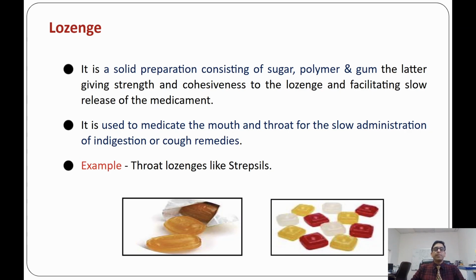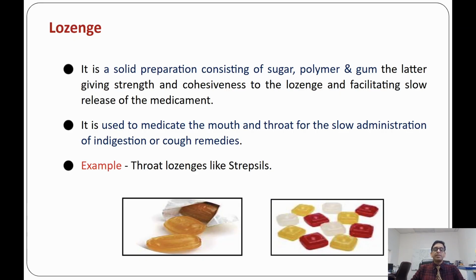Next is the lozenges. A lozenge is a solid preparation containing high sugar, polymers and gums that give strength to the dosage form and cohesiveness to the lozenges, facilitating a slow release of the medicament. So the lozenge is sucked in the mouth and it slowly keeps releasing the medicaments. It is used to medicate the mouth or throat, for indigestion or cough remedies.